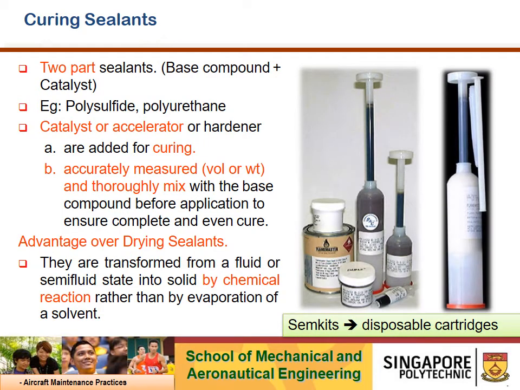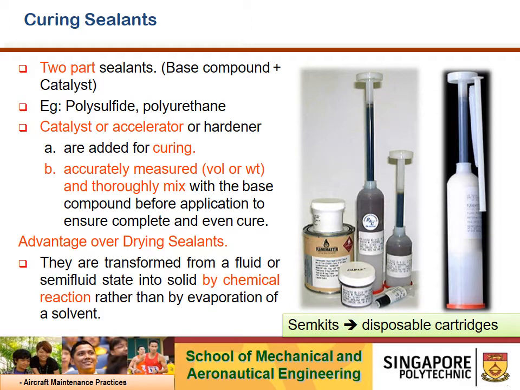Curing sealants. The two-part sealants, base compound and catalyst. It's very commonly used two-part sealants on aircraft works. The catalyst or accelerator, also known as hardener, is added for curing. It is very important to mix the accelerator and compound accurately by means of volume or weight.